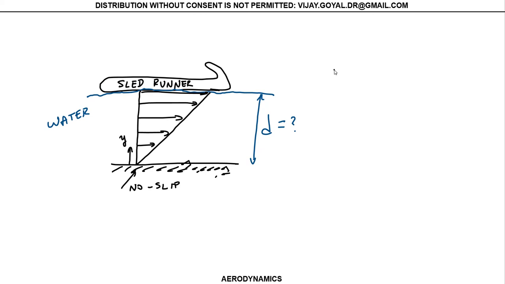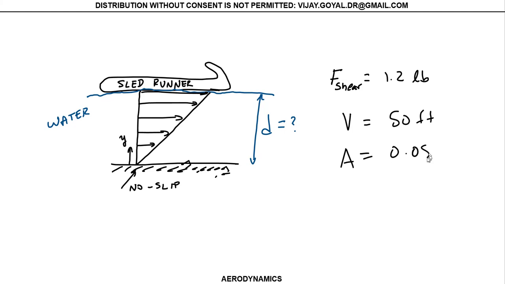The problem does give me a couple of things. Tells me the total shear force acting is 1.2 pounds. This is going at a speed of 50. The total area between the sled and the water is 0.08 feet squared.